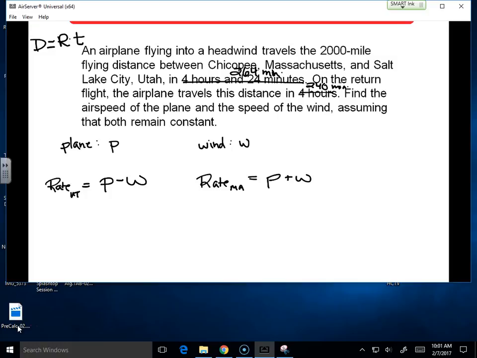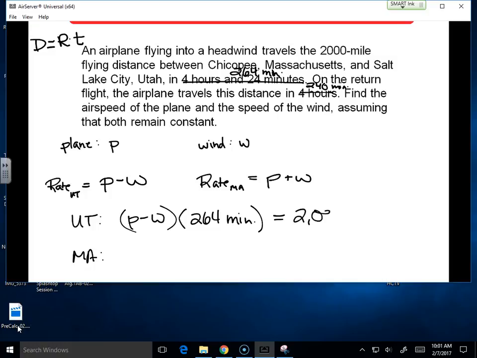Rate, Utah trip, Massachusetts trip. Rate, P minus W, times time, which is 264 minutes, is equal to 2,000 miles. Wait a minute, hold on.